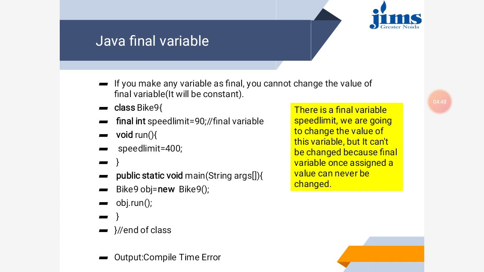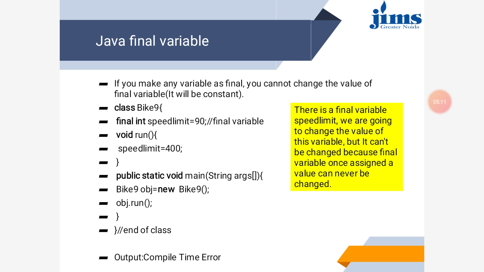In this method, you are going to change the instance variable value. So speedlimit is an instance variable of class Bike9, and in your run method you are going to change its value from 90 to 400.